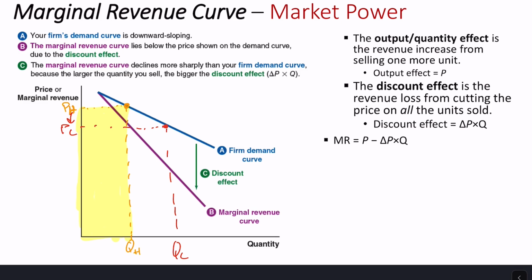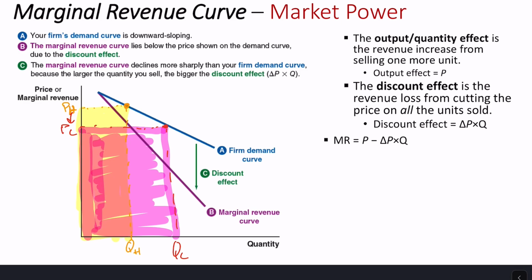Great. So now the new revenue for the lower price is going to be this box of PL times QL, like so. So we have two changes here in terms of this change in revenue. We're trying to get our marginal revenue curve, and we have a change in revenue.